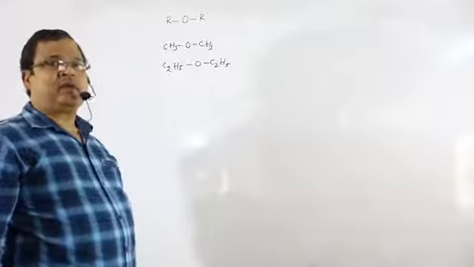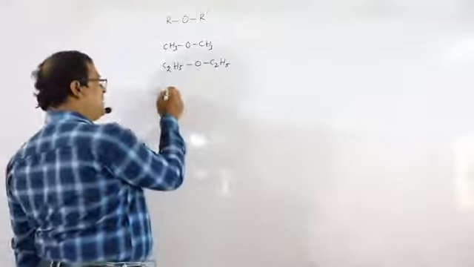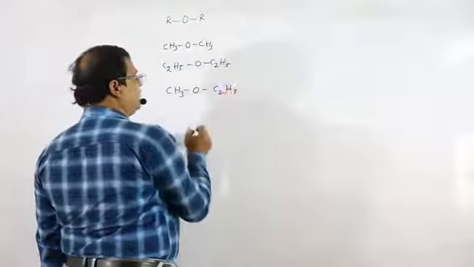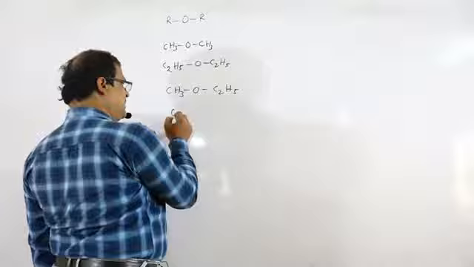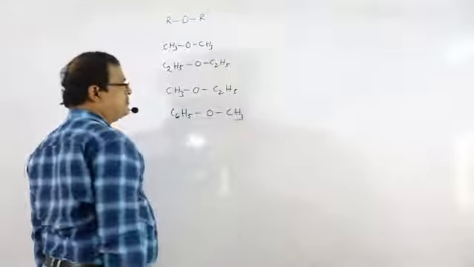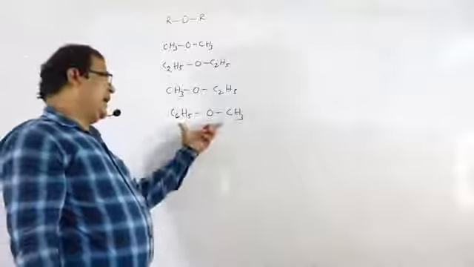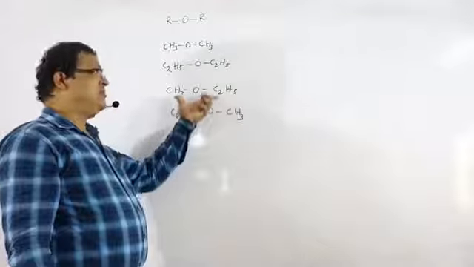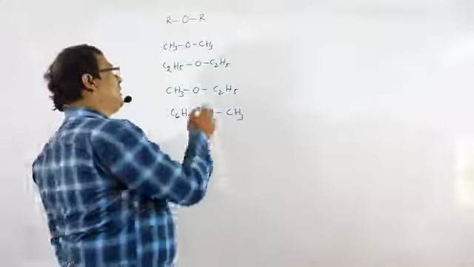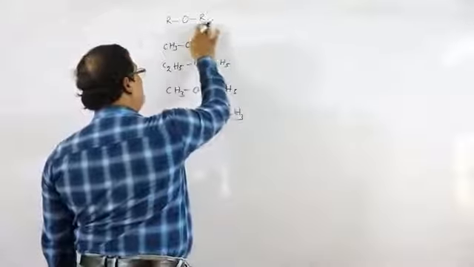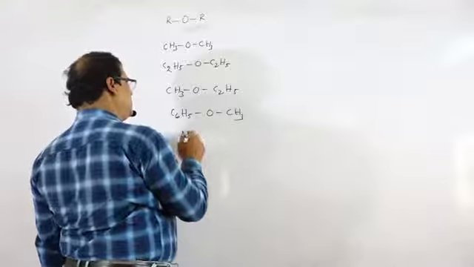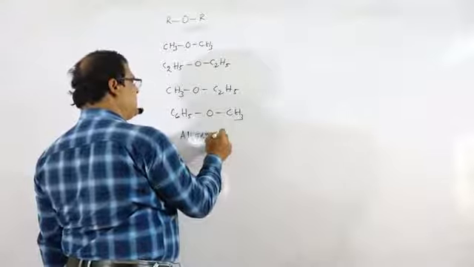R or R' may also be different, for example, CH3OC2H5 or C6H5OCH3. These R and R' are different. Then how to name these ethers? Ethers are named as alkoxy alkane.